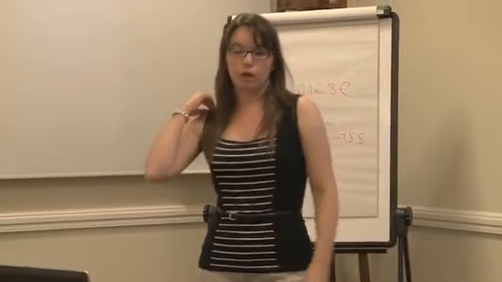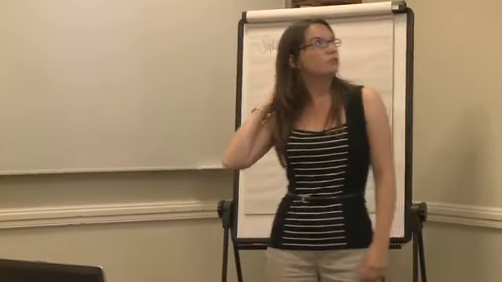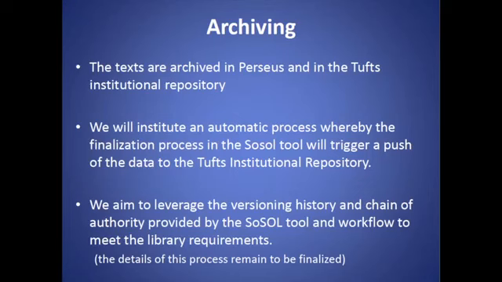Just to note the archiving situation. We archive the text in Perseids and in our institutional repository. We are working on automating the process to push the data into the repository. That is still being worked out.